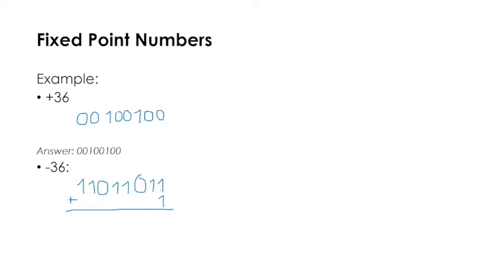So 1 plus 1 is 0. Then we carry 1. Then 1 plus 1, then we carry again. Then 1 plus 0 is 1. Then we bring down everything. And this is our answer: 1101100.